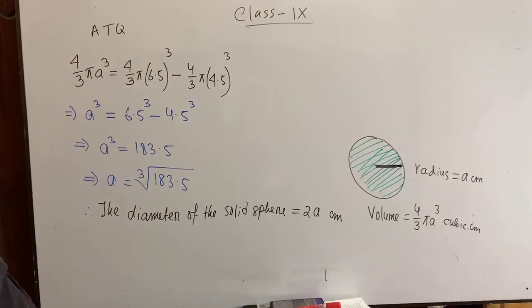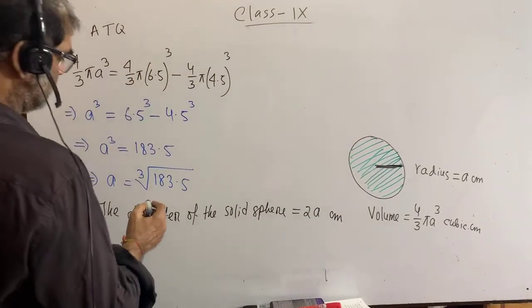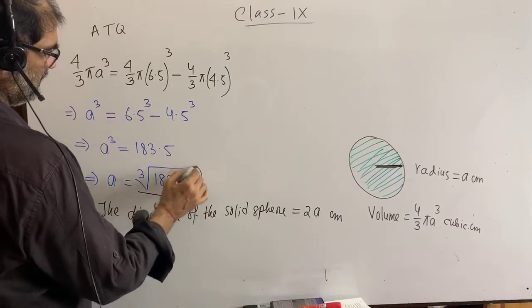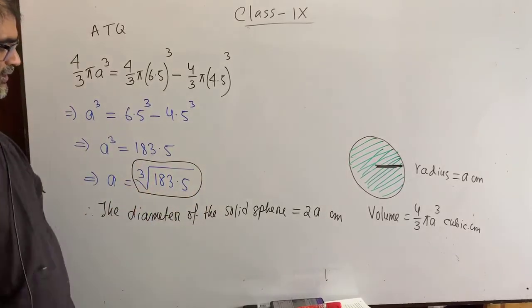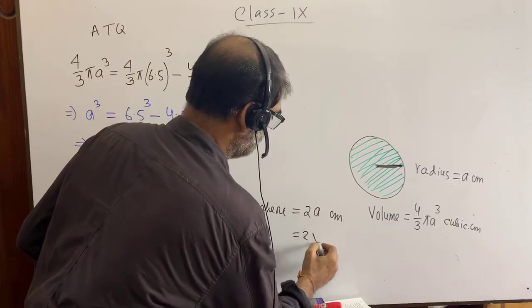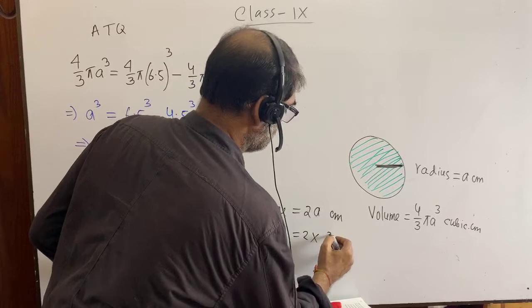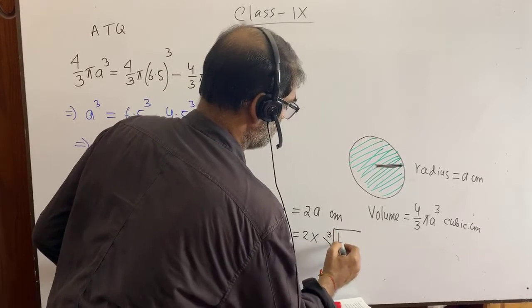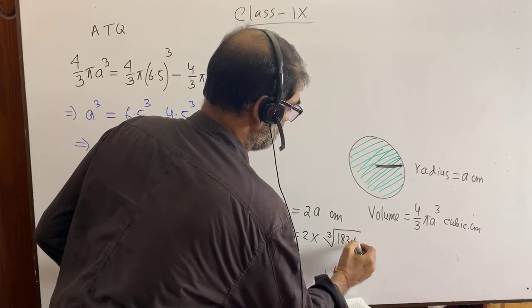Twice the radius. We are getting the value of a as the cube root of 183.5. Then we can write 2 into cube root of 183.5, right?